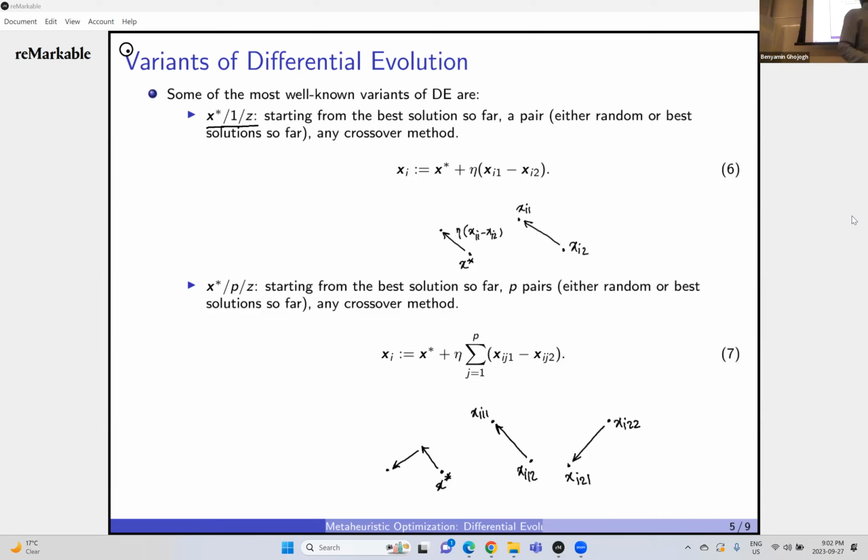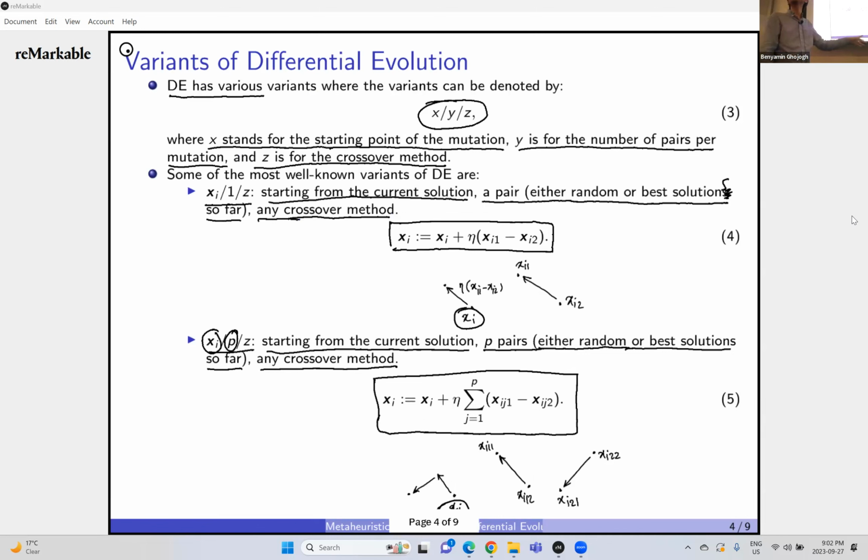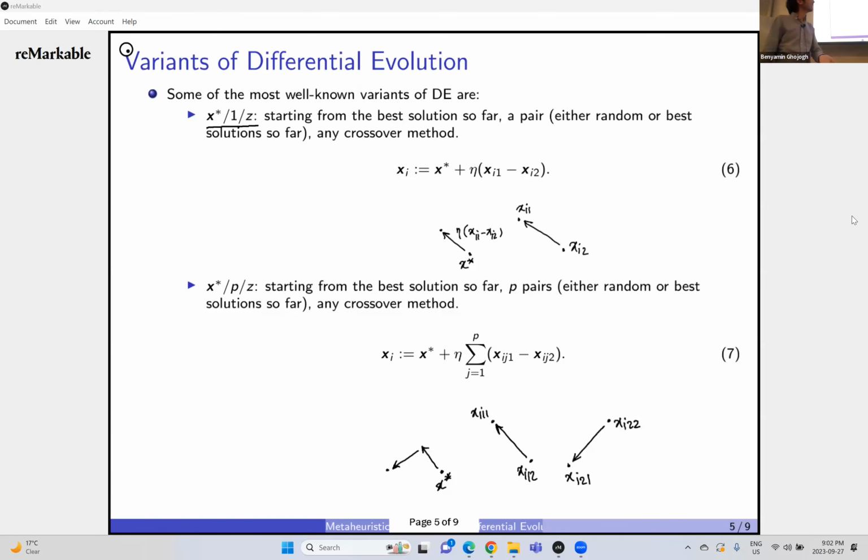Also, you shouldn't stick to one of the variants from the start until the end. You might switch. In the initial iterations, you might have Xi/1/Z, for example, or Xi/P/Z, to have more exploration. Later, you switch to the variant of X star/1/Z. So you can switch between variants during optimization.